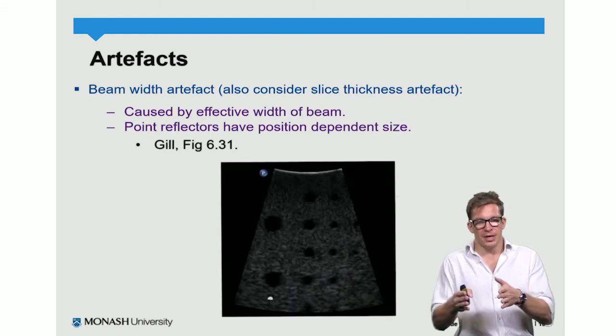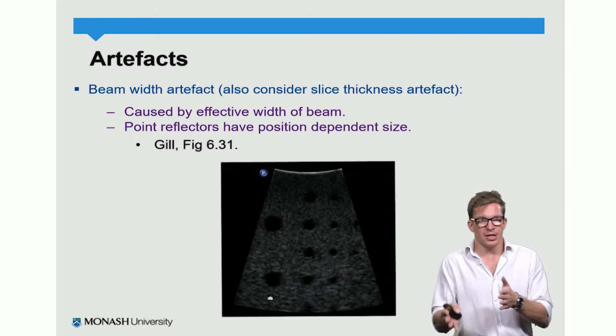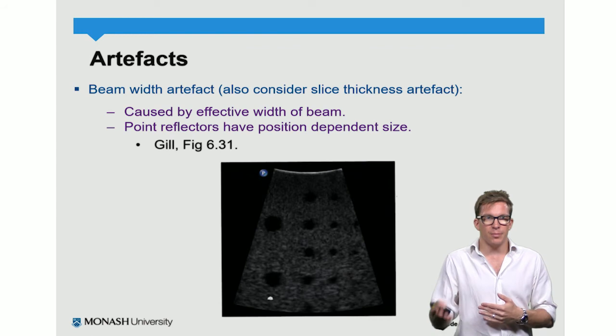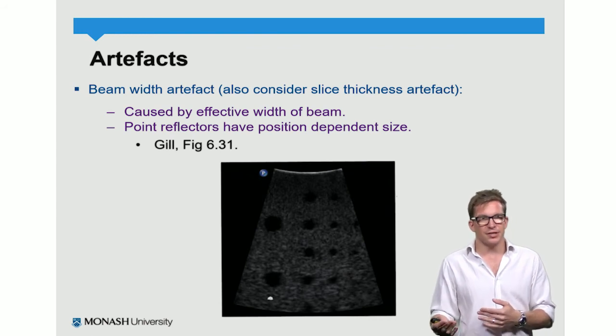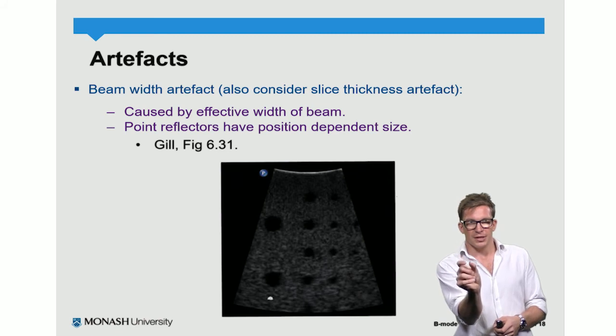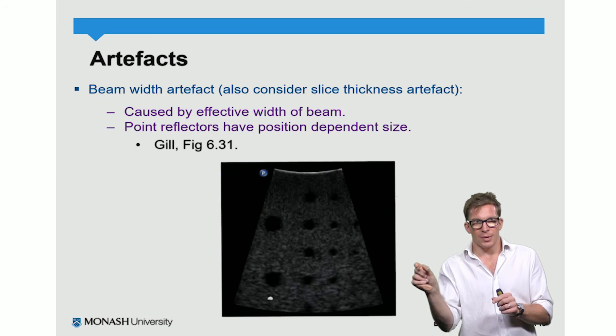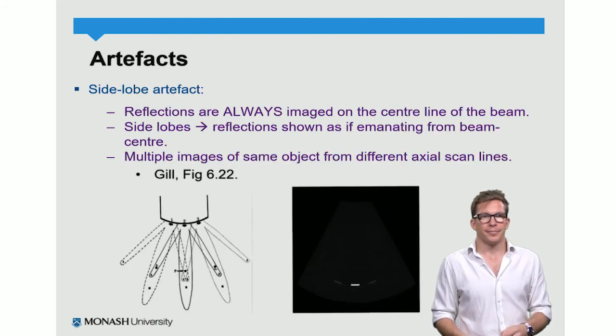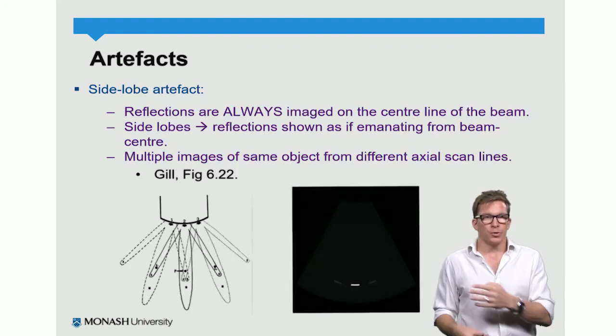Because the beam is focused and is changing shape, we get beam width artifacts and slice thickness artifacts. So the size that we measure of an object has to take into account the combination of the true size of that object with the beam width at that location in the scan. We also get lobes.